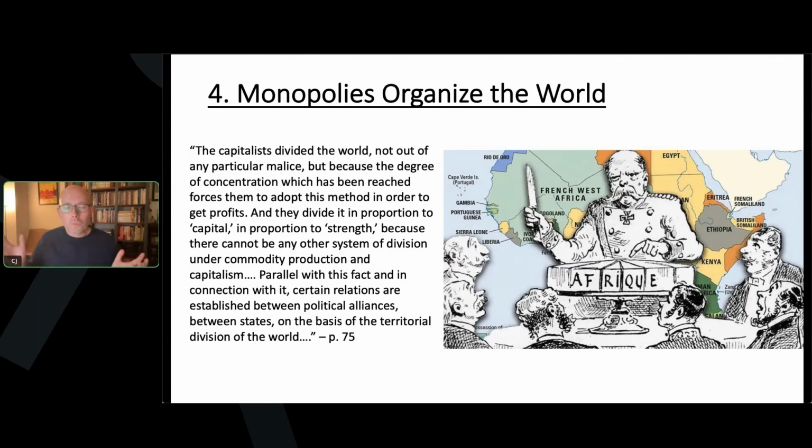But then what about when it's time to redivide, right? When the level of strength, say, of one alliance or one set of monopolies gets stronger than it had been, and they want to redivide the spoils. And what happens when there are no more new colonies to simply split up?